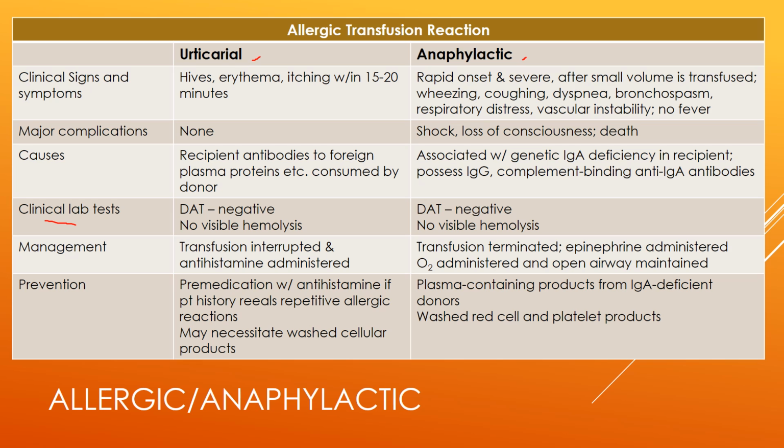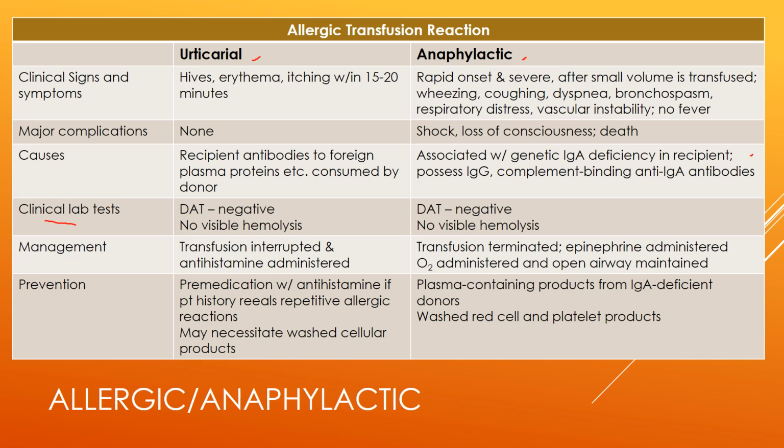Shock can occur, death can occur, but this one is interesting in that it's usually caused by a deficiency of IgA. Patients who are genetically deficient in IgA frequently have no clinical signs. They don't know their whole life that they don't have any IgA, and IgA levels aren't something we routinely run. So the first time we know about a patient not having IgA, frequently it's when they get a transfusion and then have an anaphylactic response.